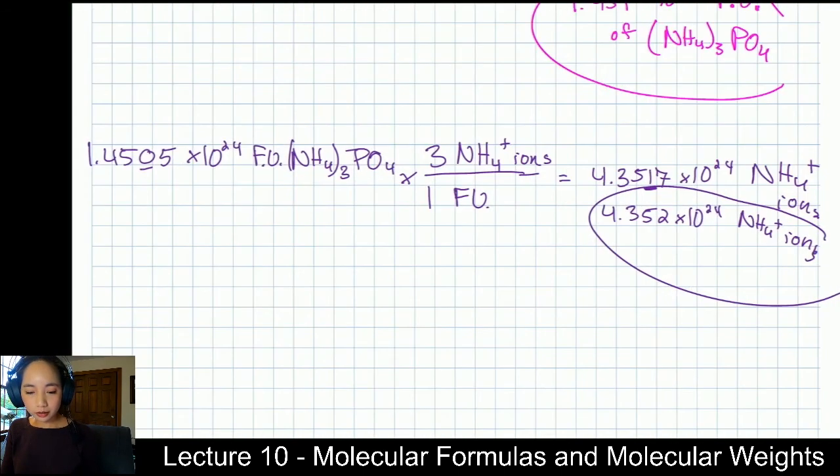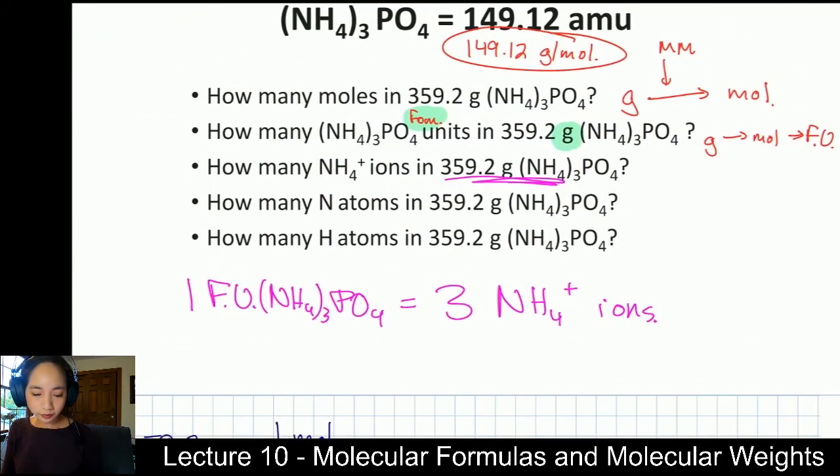Whew, okay, what's next? So now it's asking how many nitrogen atoms are in the same amount of sample. All right, so let's think about the formula units. How many nitrogens are there in one formula unit? Let's look at how many nitrogens there are.